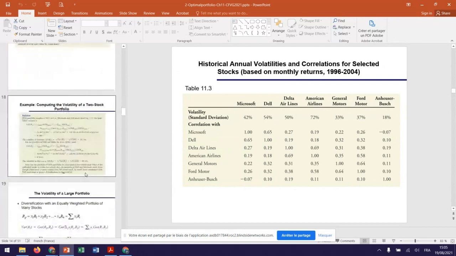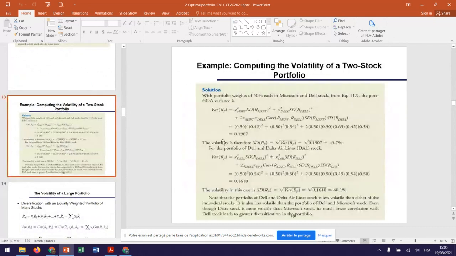Okay, let's check the portfolio Dell and Delta. I just simply apply the formula. Similarly, I can see that the variance of my second portfolio goes to 0.1610. If I take the square root of this, I get 40.1%. So portfolio 1 has the volatility of 43.7%. Portfolio 2 is 40.1%.